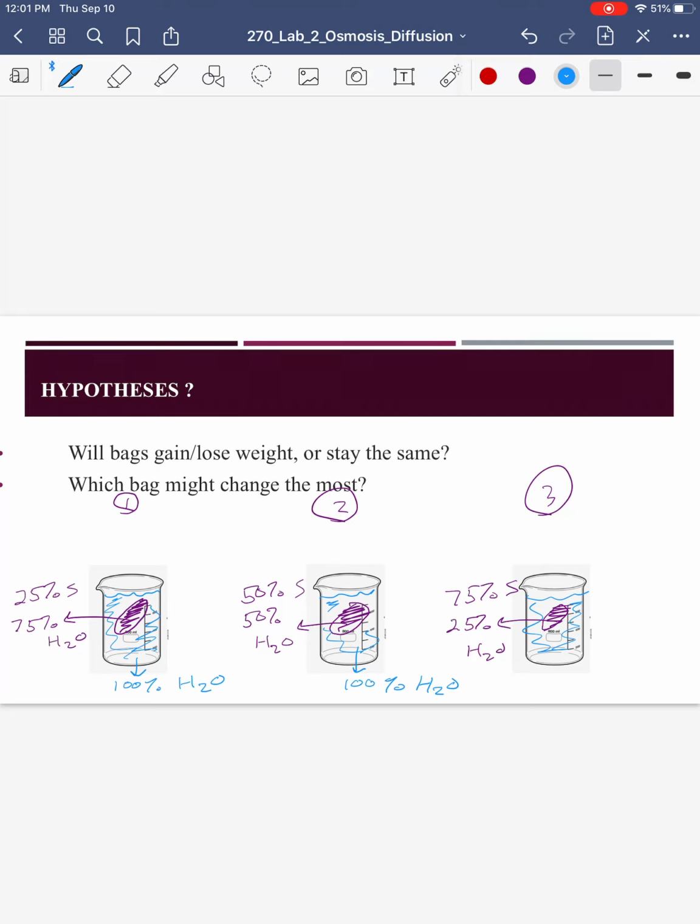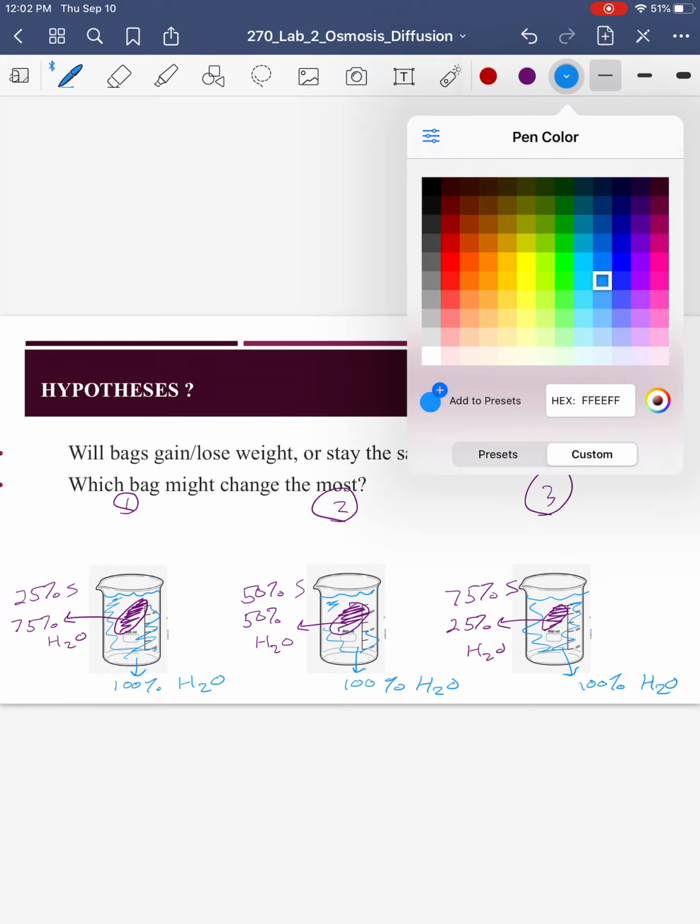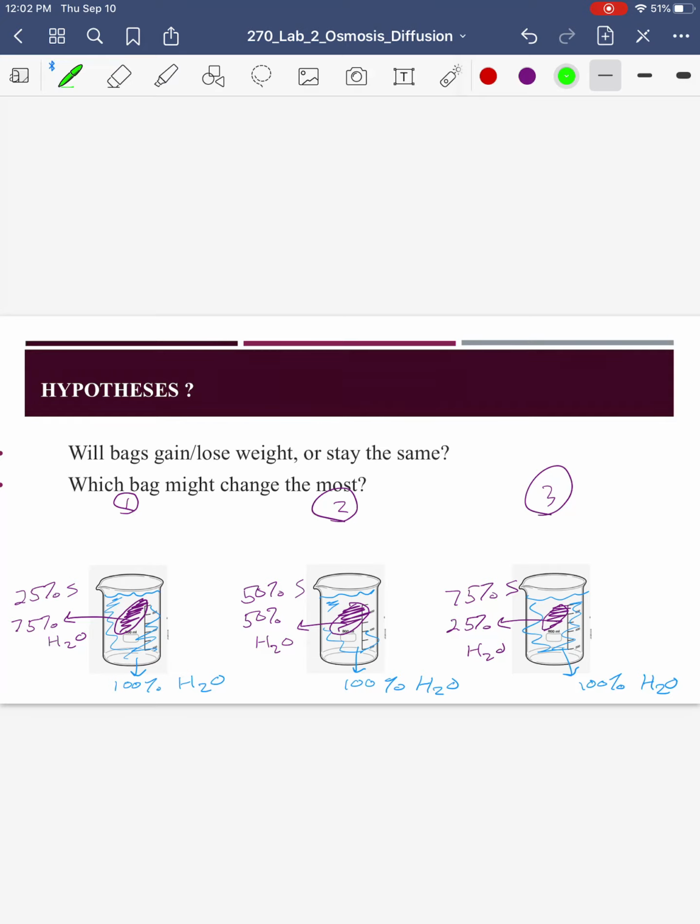This might seem a little tedious, but once you lay it out, then we can clearly see what's going to diffuse in what direction. We'll use green. Let's look at the sugar. Let's look at bag number one. Let's compare the sugar.